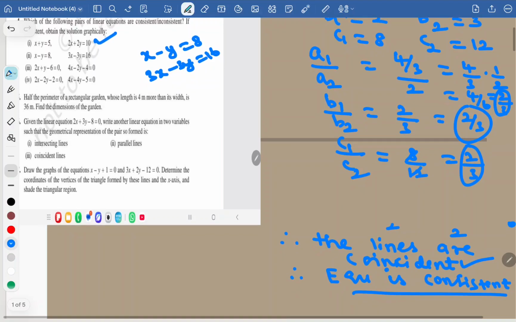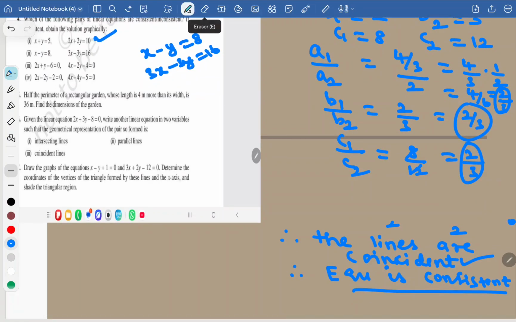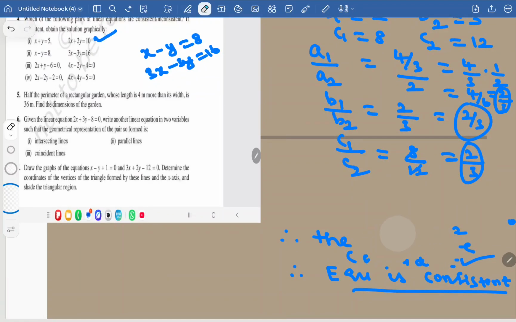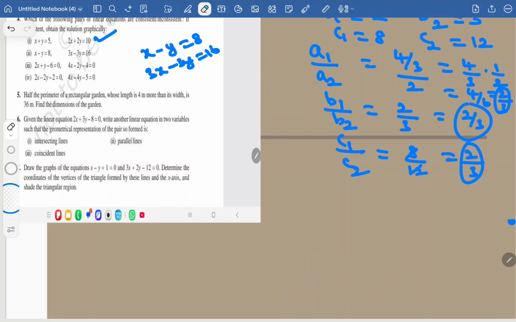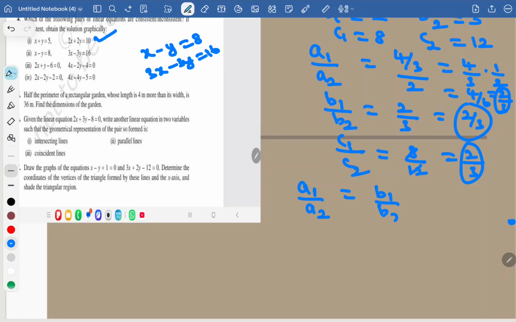All the ratios are equal. We can say a1 by a2 is equivalent to b1 by b2 which is equivalent to c1 by c2. Therefore, the lines are coincident.